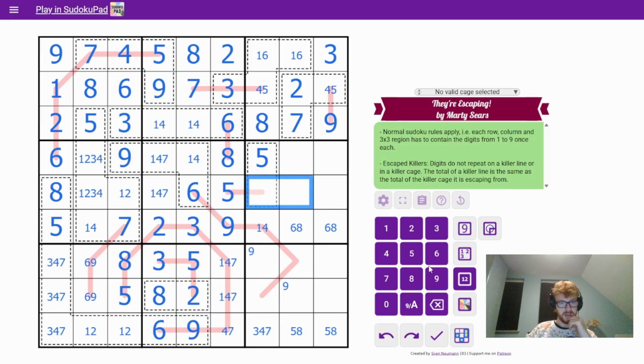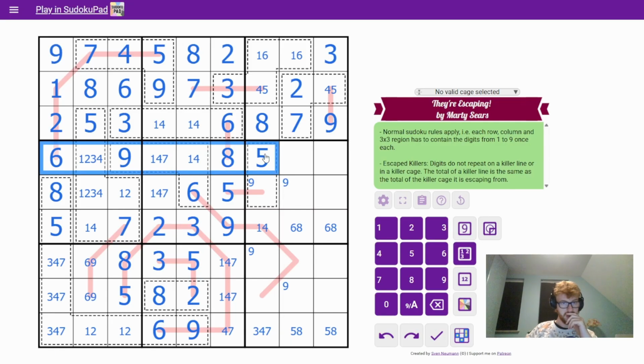One of those can be a 9. Something else there? What am I missing here? I'm missing some high digit. A 7 could either be there or there. And then it's 2 and 3. Yeah, okay, no, I don't like that.